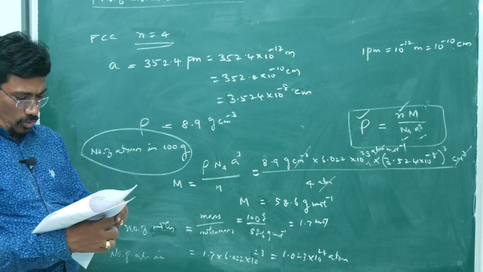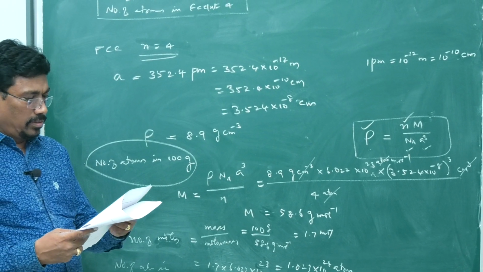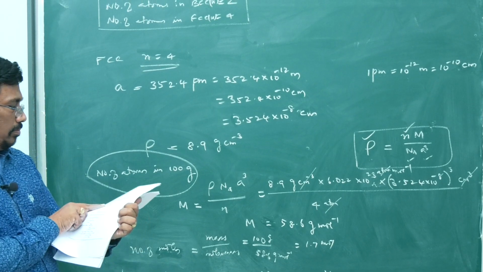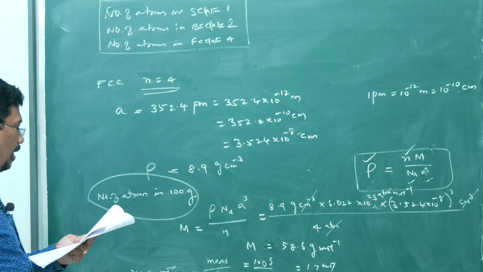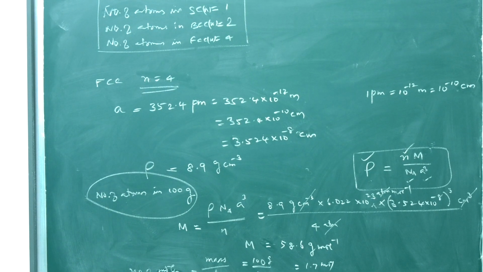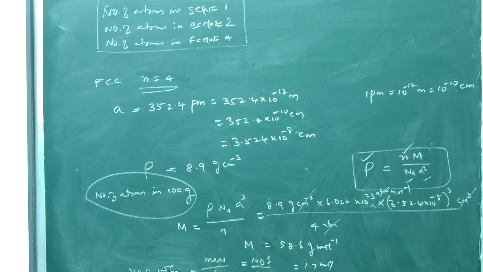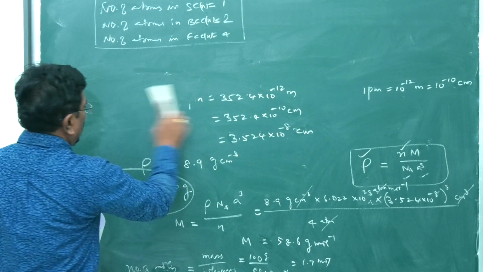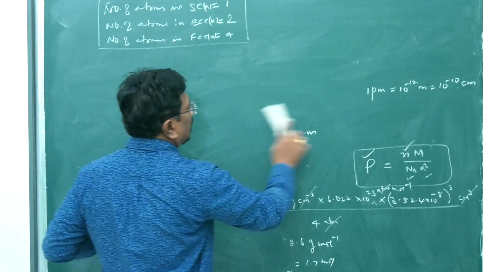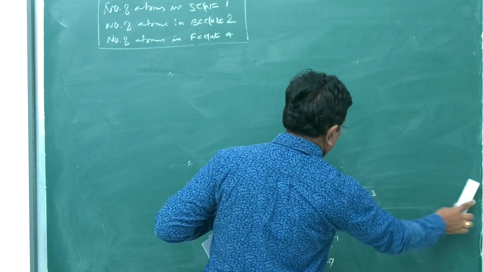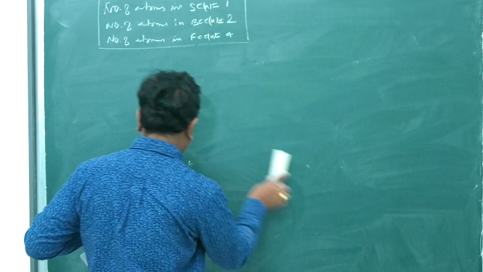Let me go into that. An element, let me write the question and let me try to solve this. With that we can complete the density part of solid state. All right.